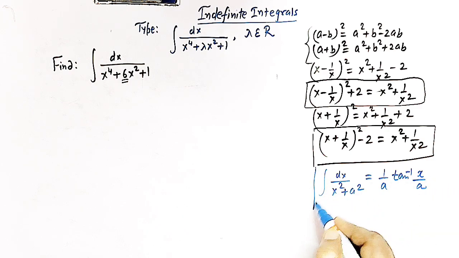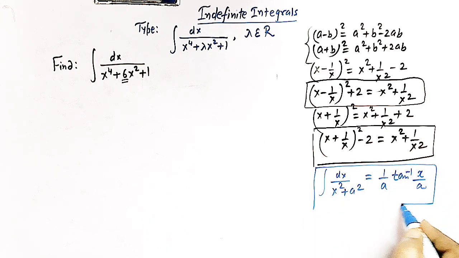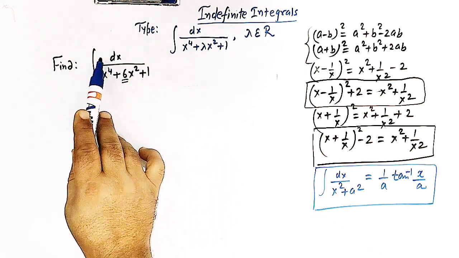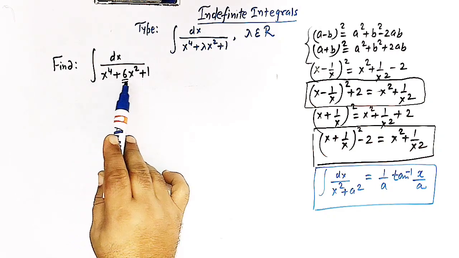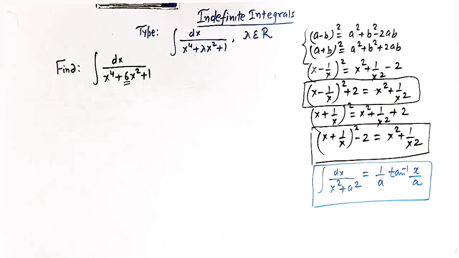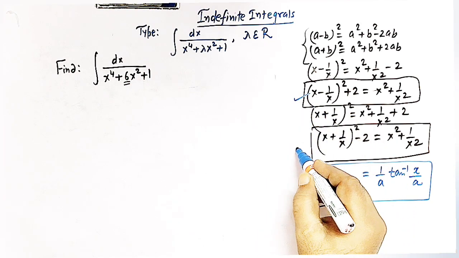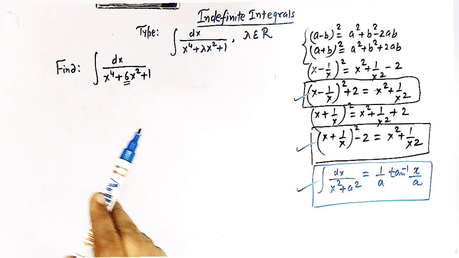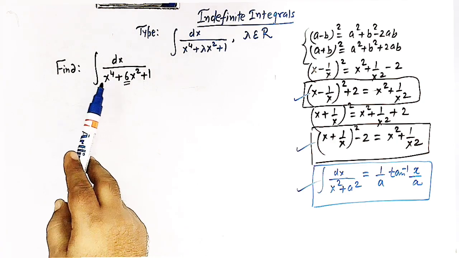So this integral is going to be very significant when we integrate this function, that is 1 over x raised to 4 plus 6x square plus 1. So to summarize here, these three important results are going to be used in solving this integral.